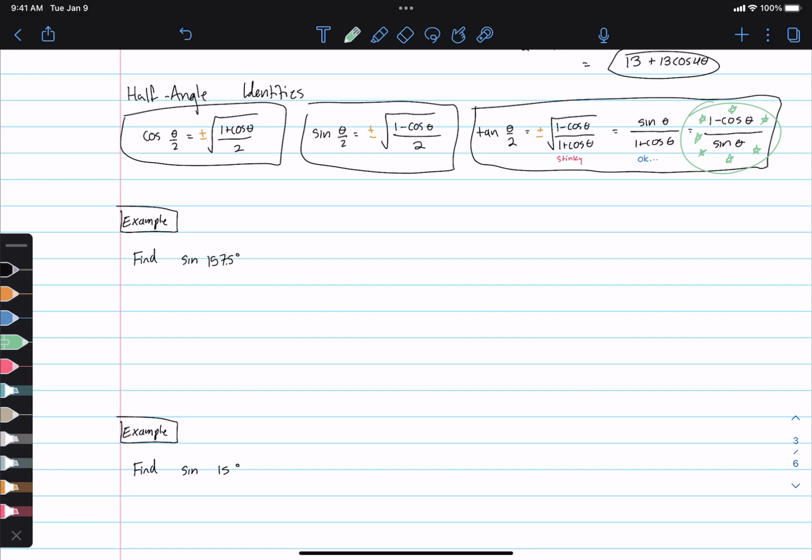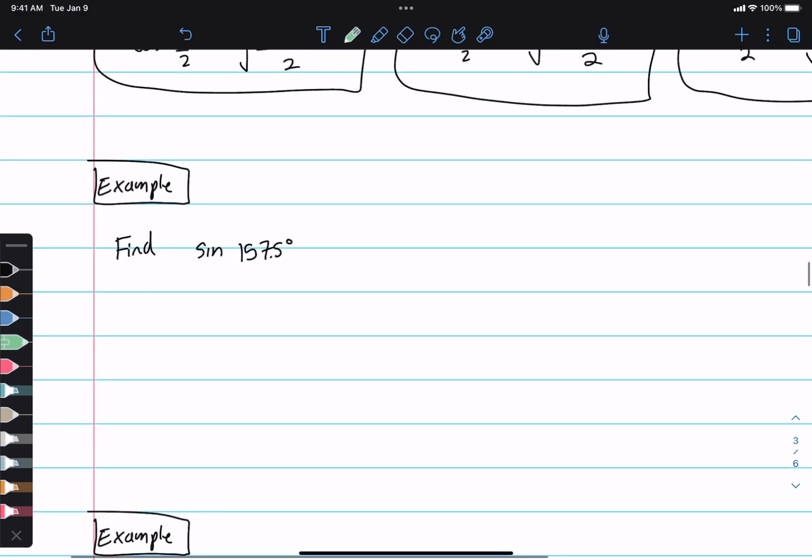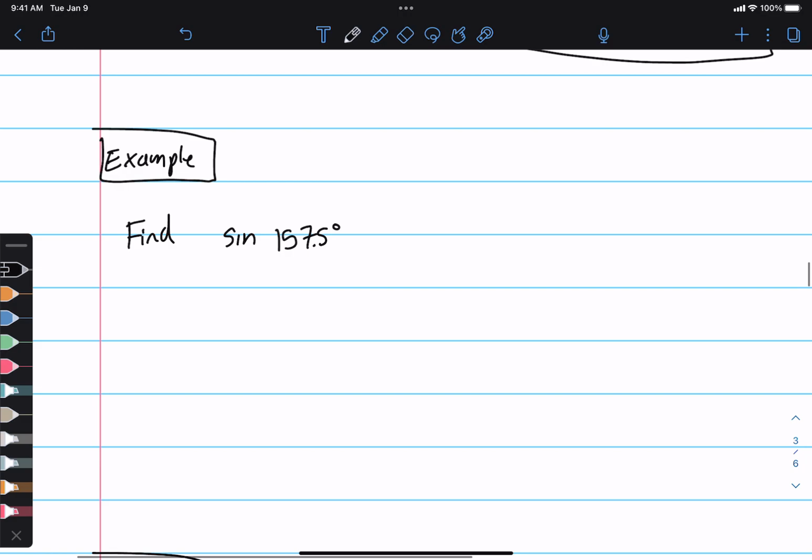So as an example, we're going to find the sine of 157.5 degrees. So we know that 157.5 degrees is, let's multiply this by 2, right? So 157.5 times 2 is 315. So this is 1/2 of 315 degrees, right, guys?